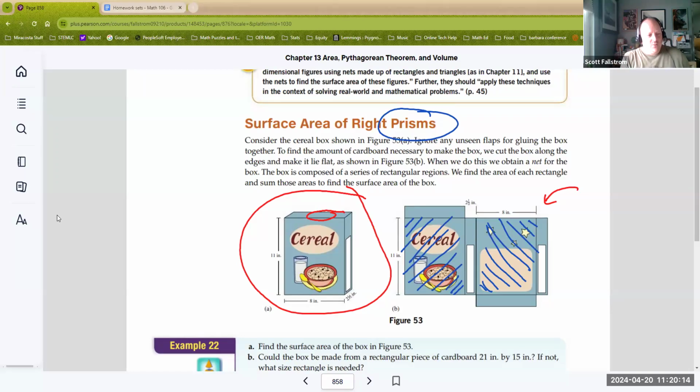Let's continue. We also then have the top and the bottom. And once again, those two shapes, their measurements are identical. And finally, then we have the sides. We have like the left side and the right side. And once again, those are the same.